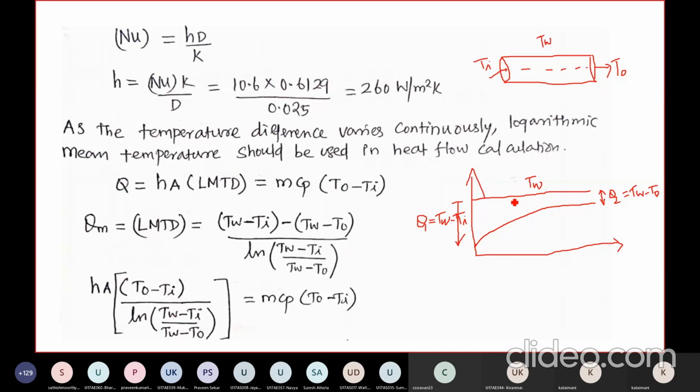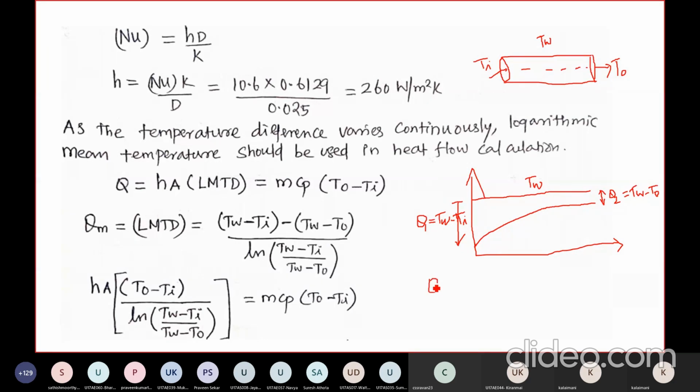While calculating how much heat transfer occurs in this case, using a bulk mean temperature does not give the exact value because the temperature keeps changing. Therefore, the logarithmic mean temperature should be used to find the heat flow. In the previous case also we used this relation.